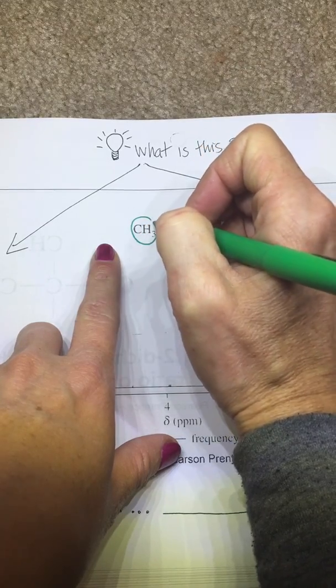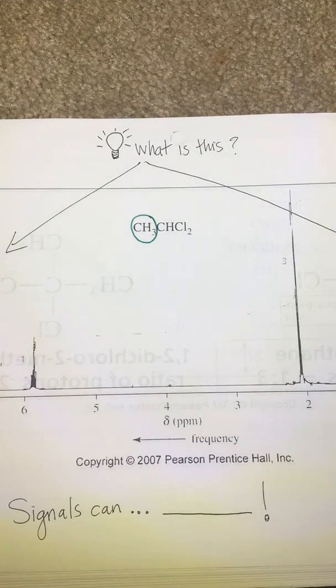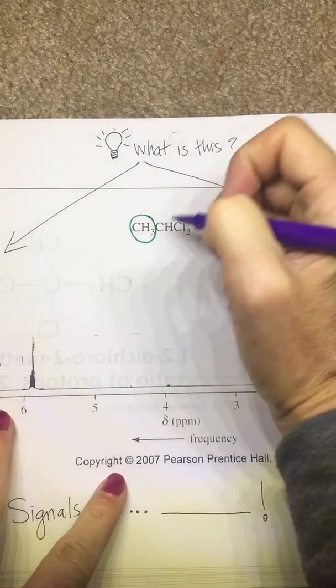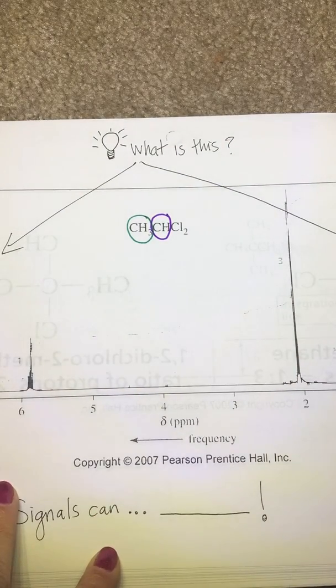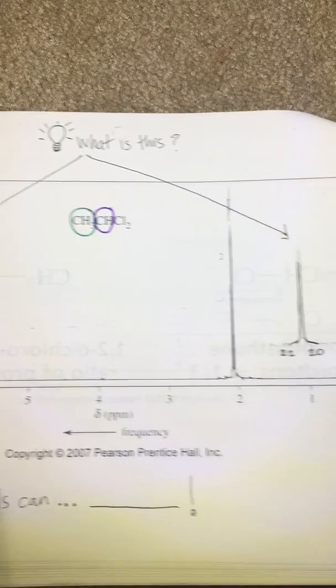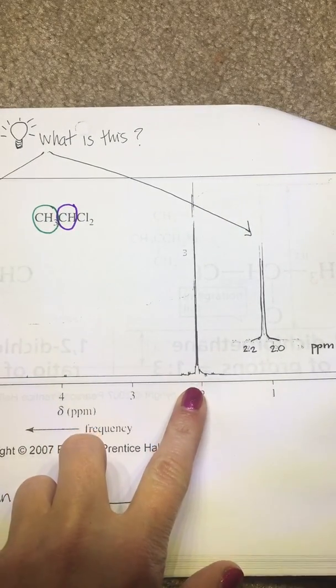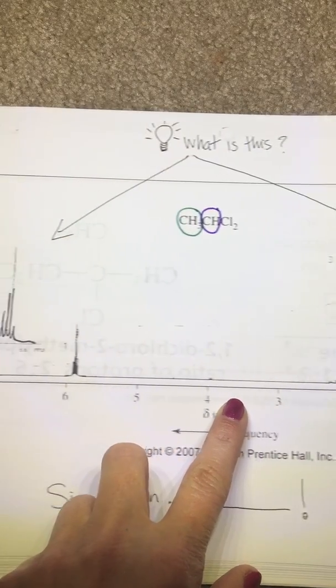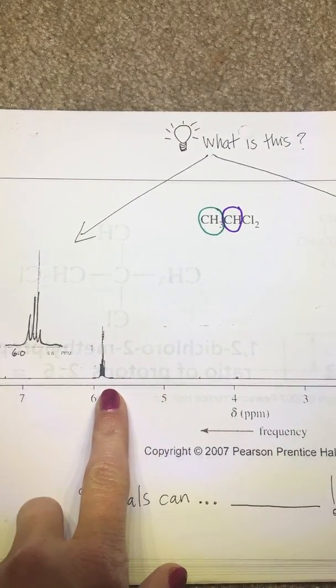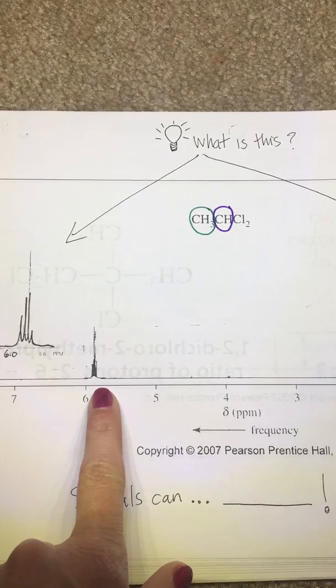We've got these methyl group of hydrogens there, and then we have this methine hydrogen right here. So we would see two signals on our NMR. We can see those two signals here. There's one right here, a little past that too, and then one a lot further downfield, closer to the 6.